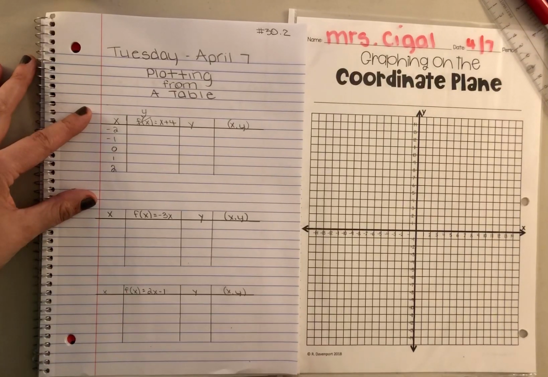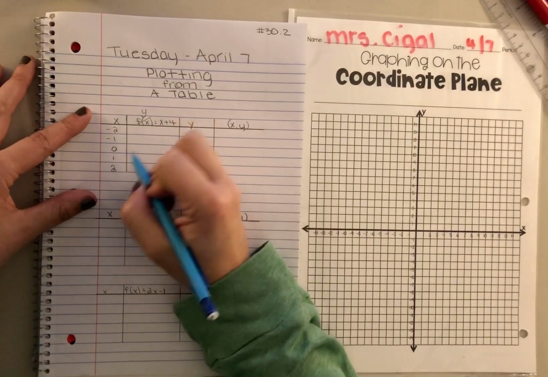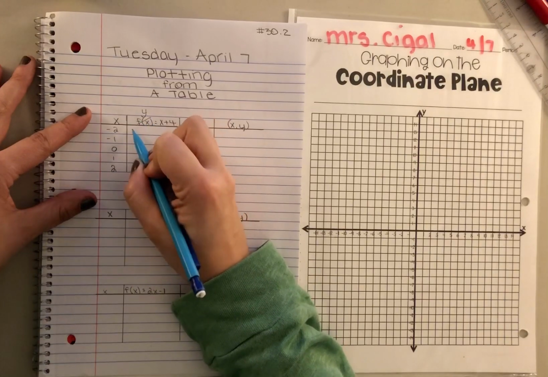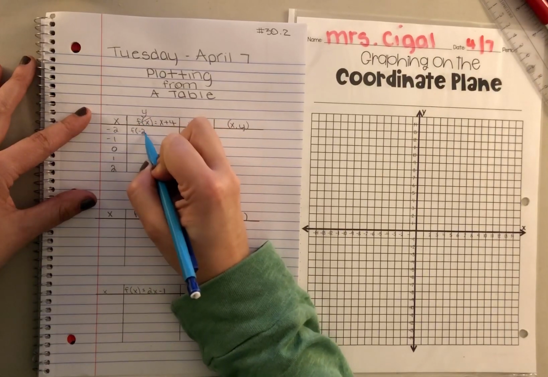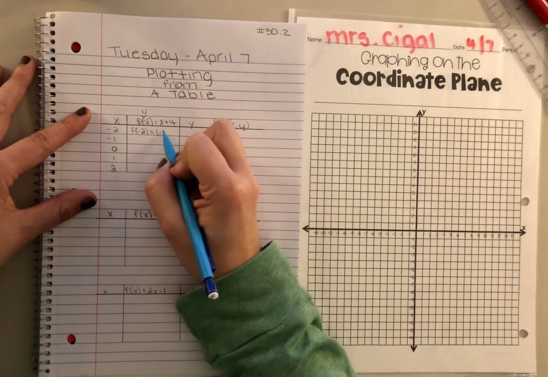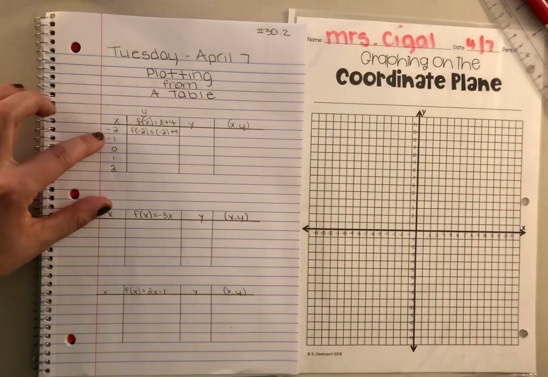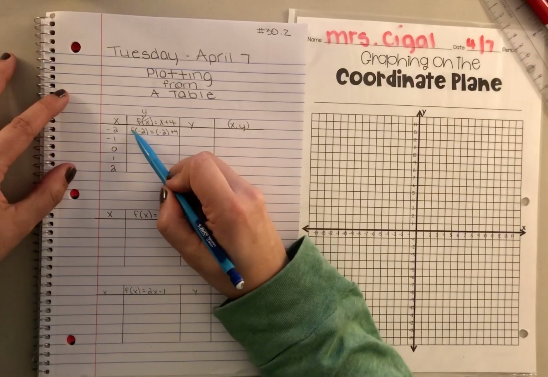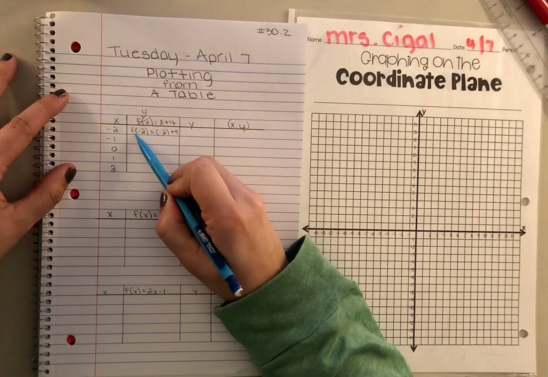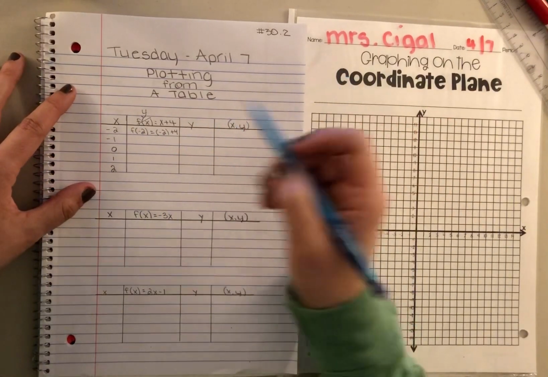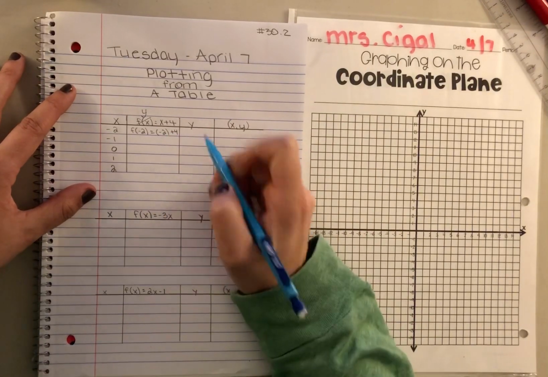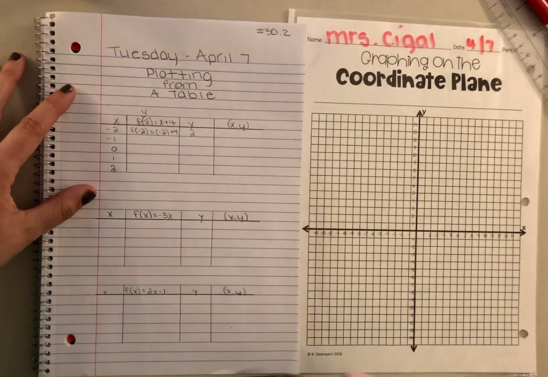And just like we did yesterday, we're just going to input these values. If we kept the f of x, it would just say f of -2 equals -2 plus 4. So anywhere you see an x, you put in that input value. We don't do anything on this side. It just means f of -2 equals whatever happens. So -2 plus 4 is +2.